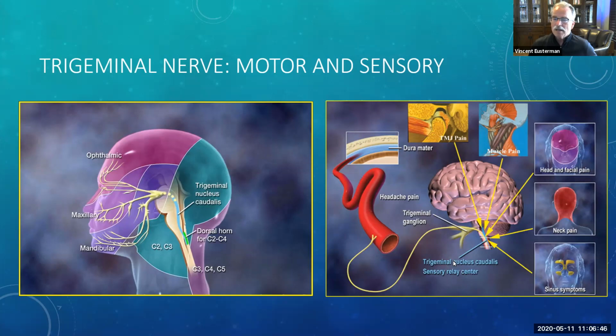The nerves in this area are the trigeminal, which is both motor and sensory to the mandible, but we have to realize too that the neck and head have a variety of other functioning structures that can cause pain in the temporomandibular joint, muscle pain in the neck, head and face pain, and can radiate actually into the sinuses, and there is nerve generated pain from the dura through migraine type association, and so this is a very complex area indeed, and it's all regulated through the trigeminal nucleus caudalis.